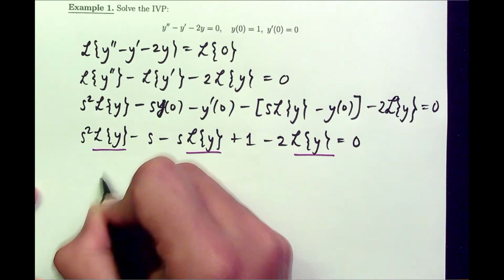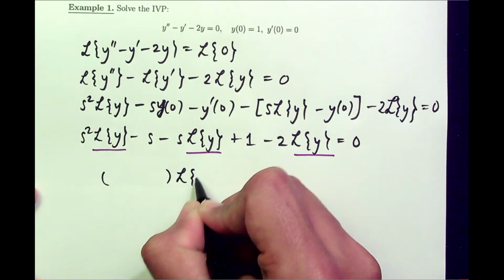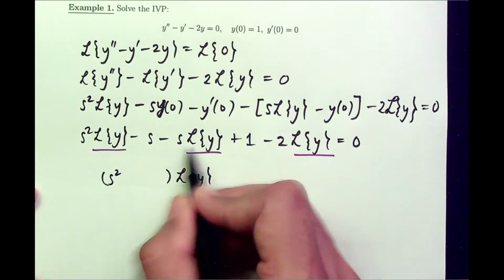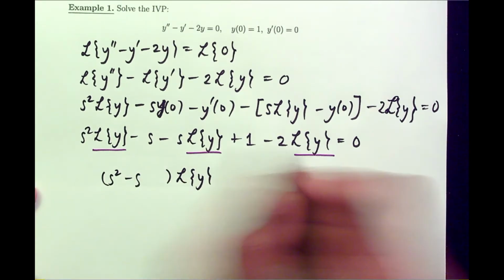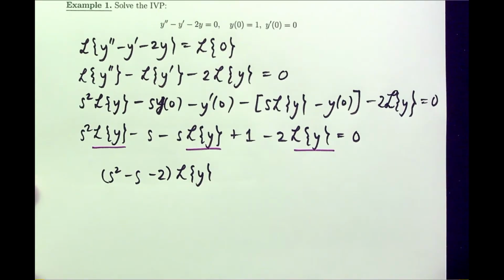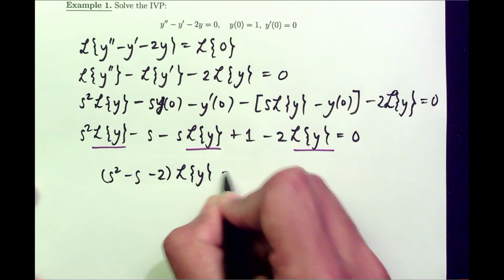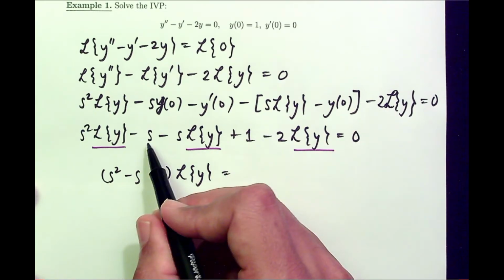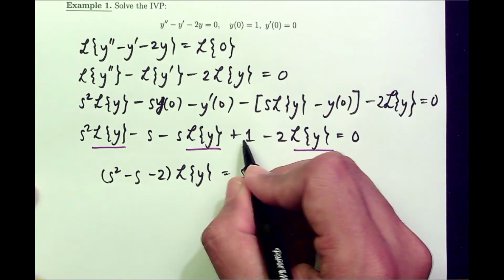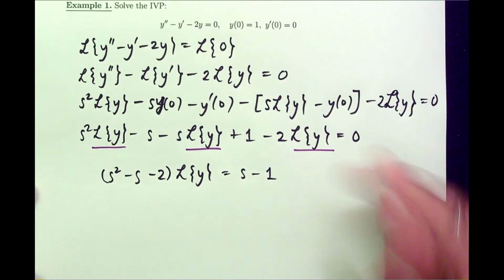You're going to get Laplace transform of y times s squared minus s minus 2. That collects all the L of y. And then everything else that doesn't have the L of y goes on the other side. So the s goes to the other side, and the plus 1 goes to the other side, so minus 1.